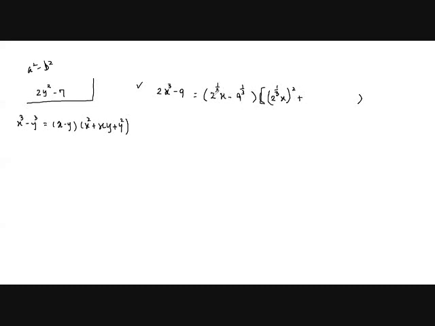Plus xy means this is x, this is y. So you're going to have 2 power 1 over 3 times x, and this one is times 9 power 1 over 3. And the last term is going to be plus y, so you have 9 power 1 over 3, and the whole thing power 2.